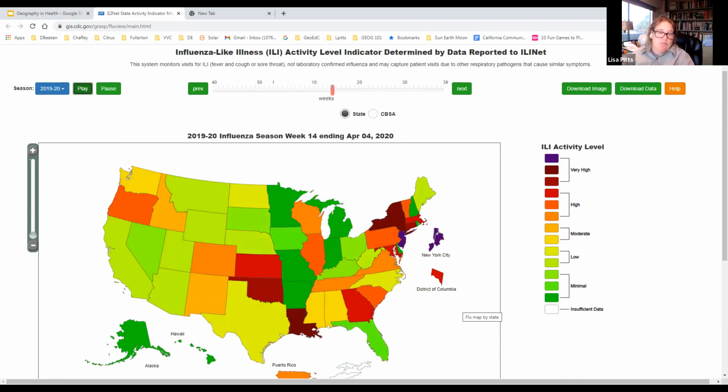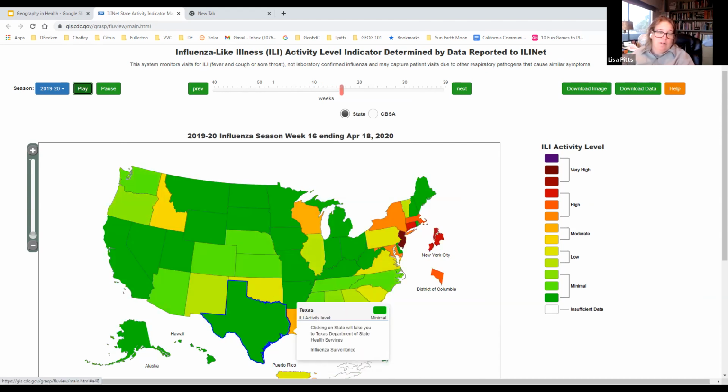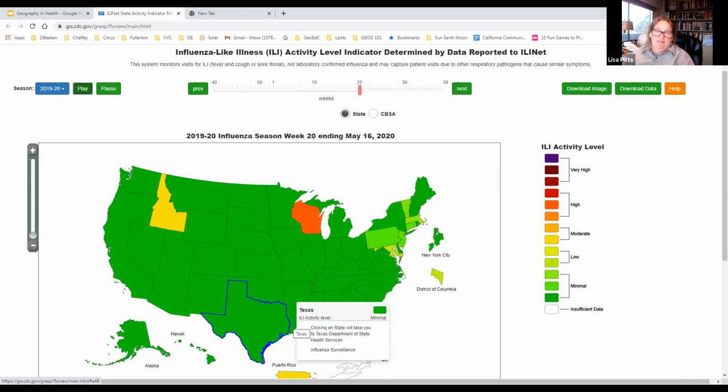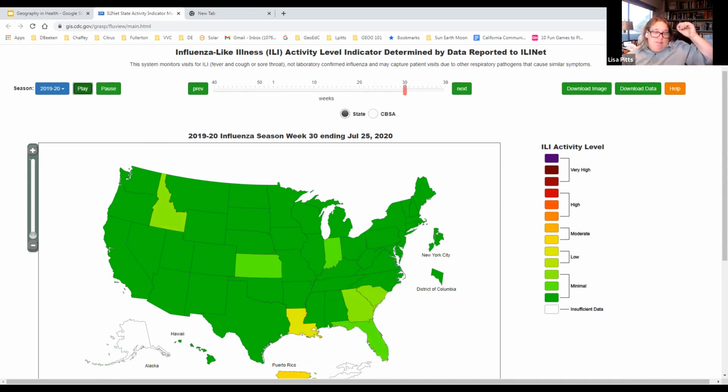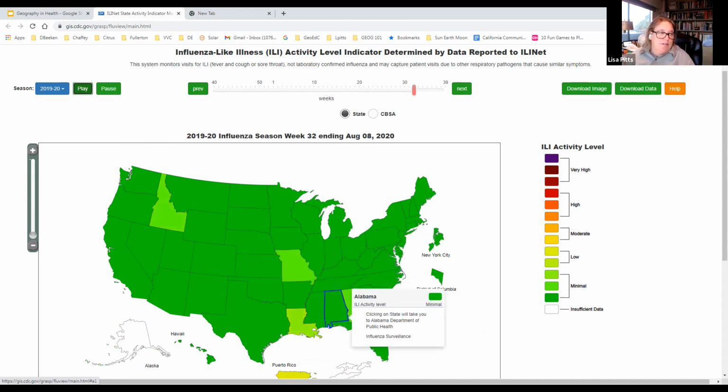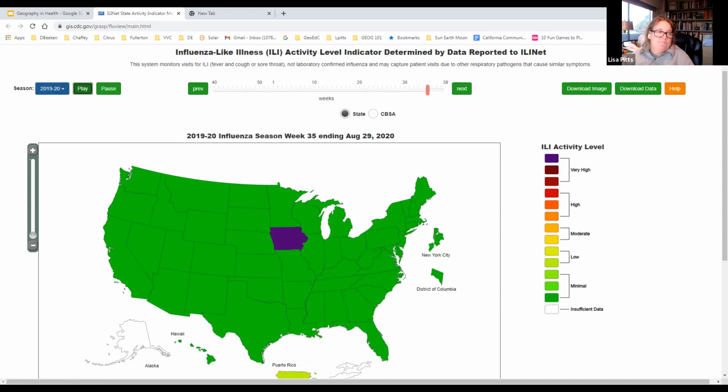And so it should start going away. Look at how quickly it diminishes, right? But also we're coming into June and July, which you don't have a lot of flu typically then. So then you get July, you get another little bump there. And so it's just an interesting little app if you're interested in that.